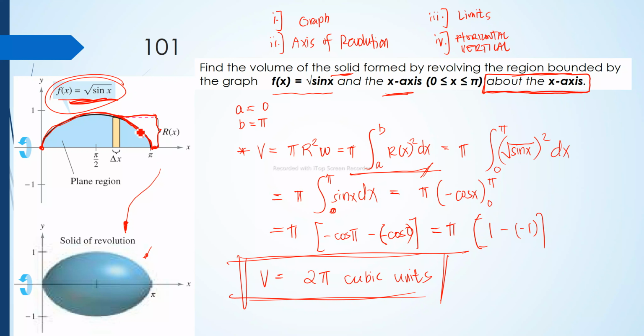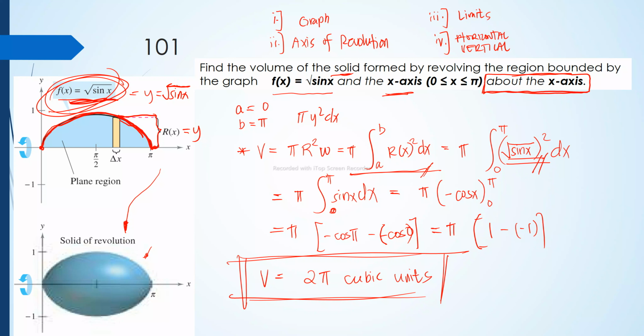Now, r of x, actually this is our y, right? It is like pi y squared dx. And then we know that y is equal to the square root of sine of x. So our y is governed by this specific function. That's why our radius squared is sine of x.